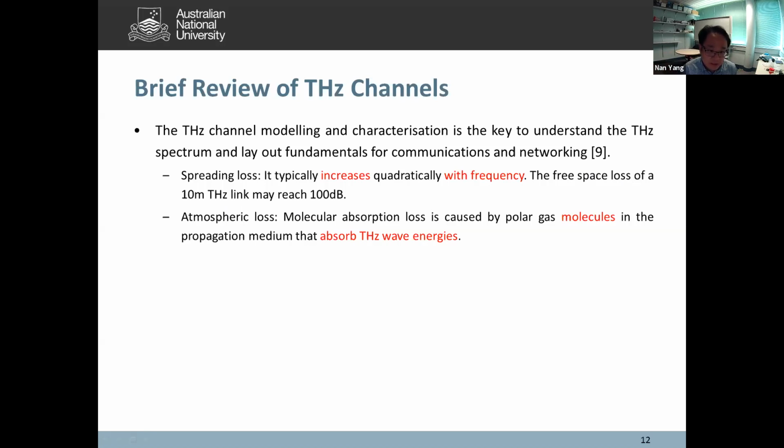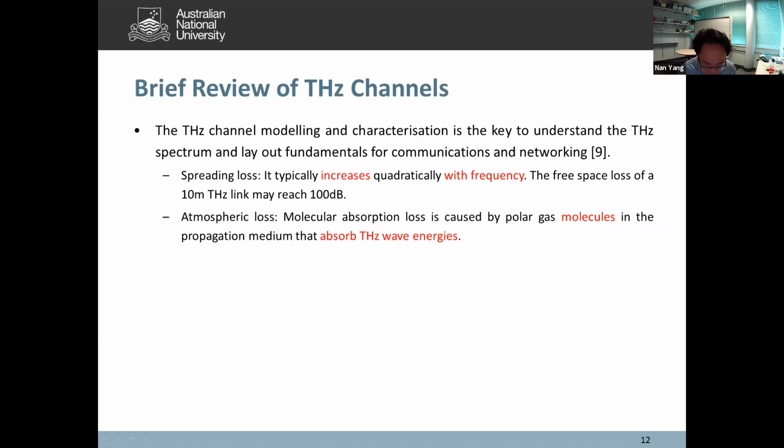Apart from spreading loss, which exists in different kinds of microwave or millimeter wave transmission, another property we have to be aware of is the atmospheric loss, or specifically the molecular absorption loss. In terahertz communications, molecular absorption loss is caused by polar gas molecules in the medium, and these molecules may absorb terahertz energy.